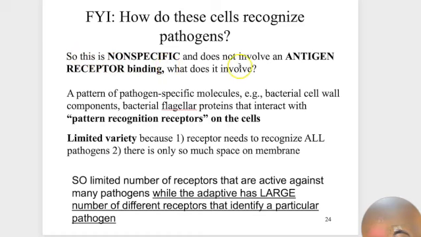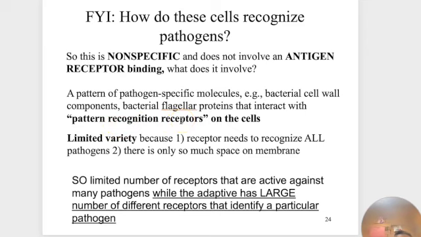So this is non-specific, and it does not involve antigen receptor binding. It recognizes a pattern of pathogen-specific molecules, like bacterial cell wall components or bacterial flagella, proteins that interact with the pattern recognizing receptors on the cell, limited variety, so it will still recognize some of the receptors on the cell.